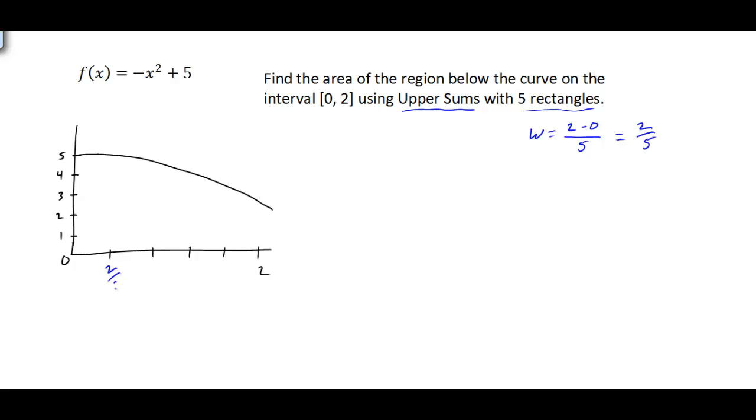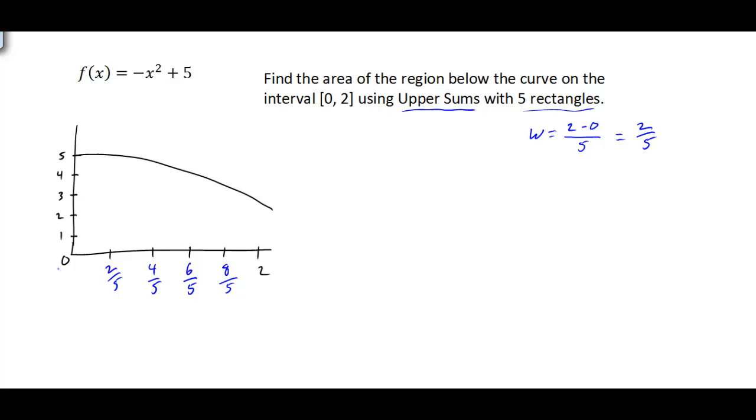We would still have our 2/5, 4/5, 6/5, 8/5, and 10/5, which would be 2. The part that's going to be different now is, because we're looking at the upper sum, we want our rectangles to go above.